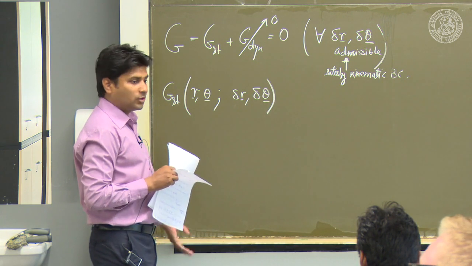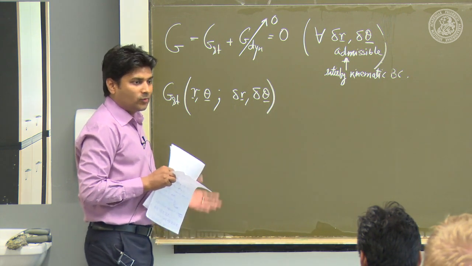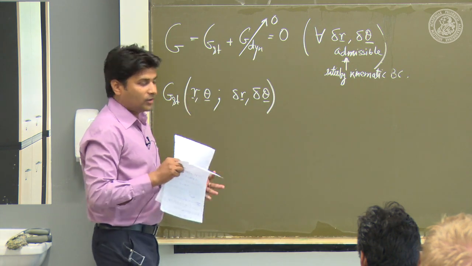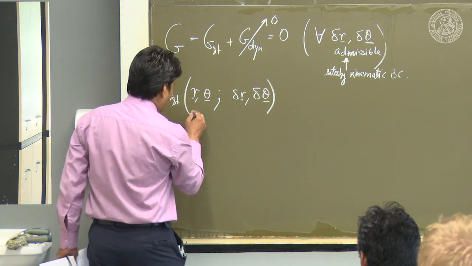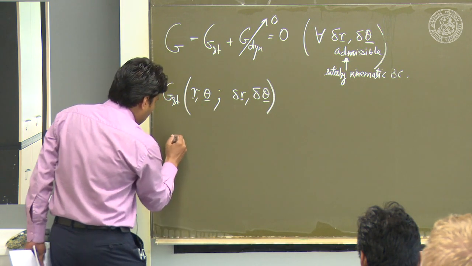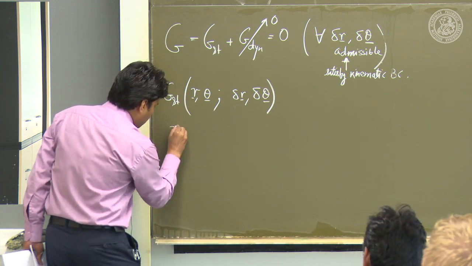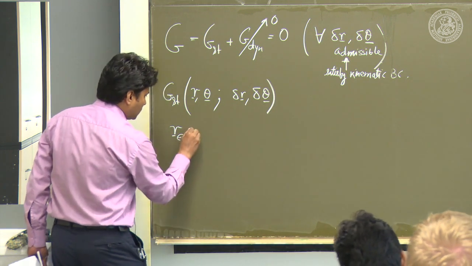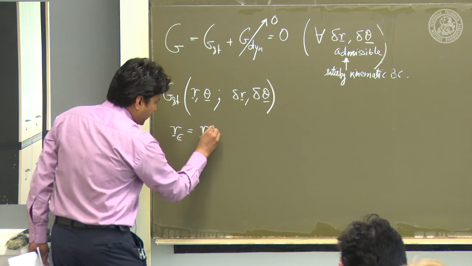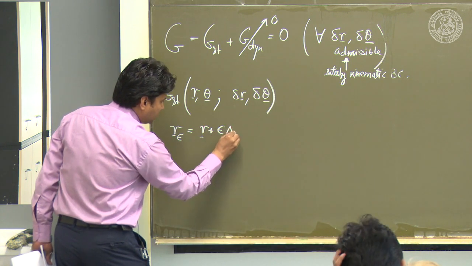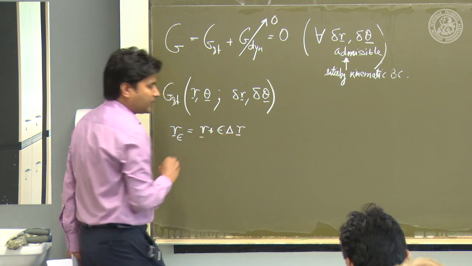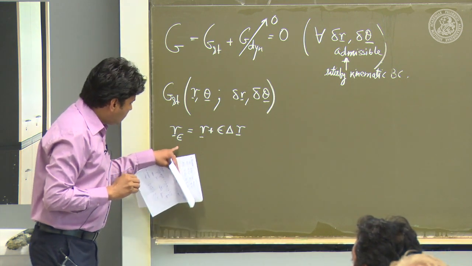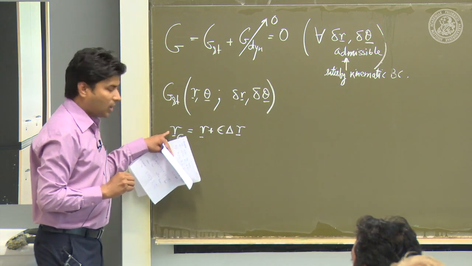So, to linearize the weak form, we have to get its kind of first derivative. So, we are going to state that you have r epsilon, which is equal to little r plus epsilon times delta r. Okay, so that is how we increment your little r.